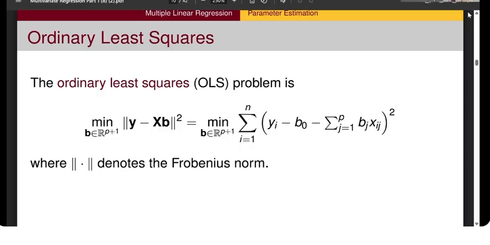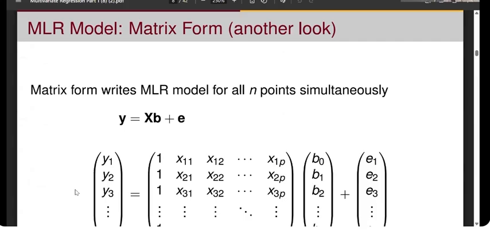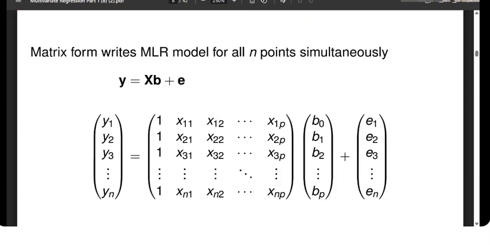Now, in the method of least squares, please pay attention. Take a look at the model. This is the model, right? What I want to estimate in this model is B. Because if I want to measure the relationship between variables and an outcome variable, I need to first estimate the regression parameters, which represent the contribution of each predictor to the response.